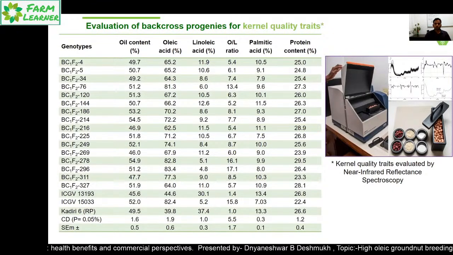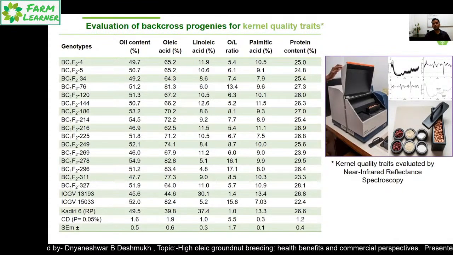So what we used in the breeding program is near infrared reflectance spectroscopy. It is a very fantastic tool and an invention of spectroscopy, which uses near infrared to estimate the quality profile, and that too very quickly.